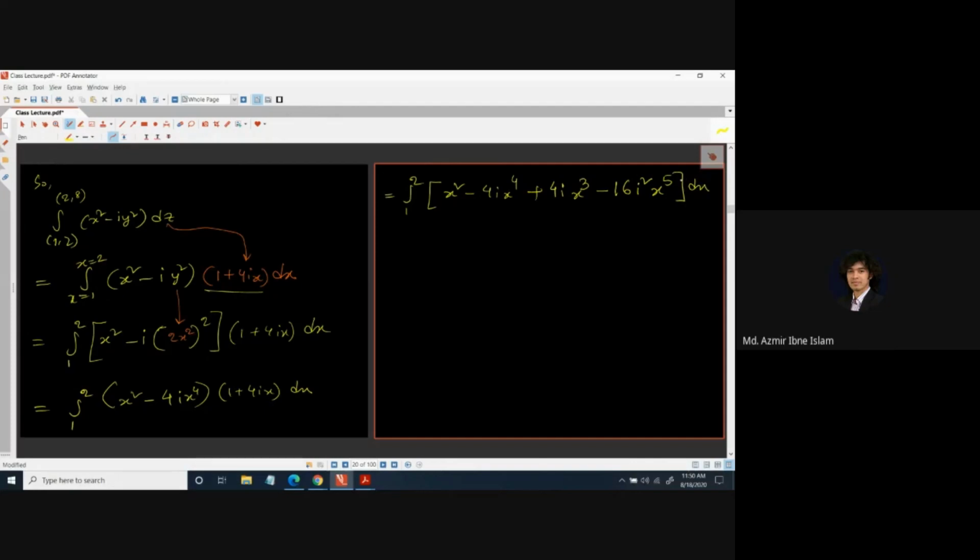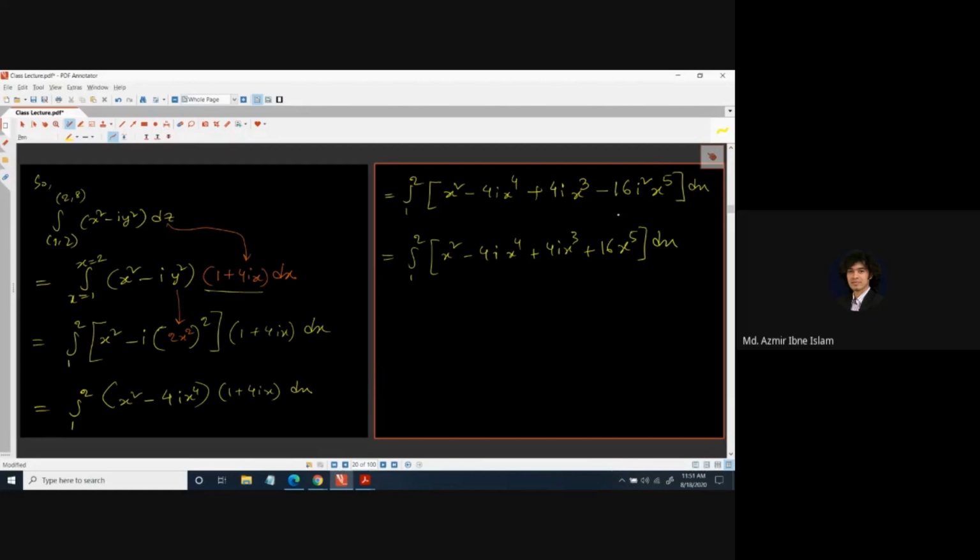Try to have a look closely. Is that okay? X squared negative 4i x to the power 4 plus 4i x cubed. I squared is negative 1, so 16x to the power 5 dx.